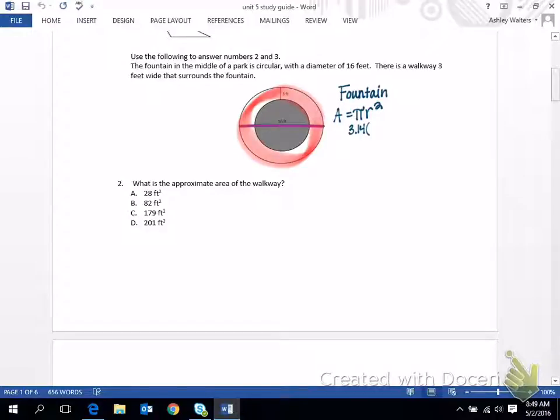If the diameter is 16, then the radius is half of that, which is 8. So 8 squared. And 8 squared is 64. So you're taking 3.14 and multiplying by 64. That gives you 200.96.